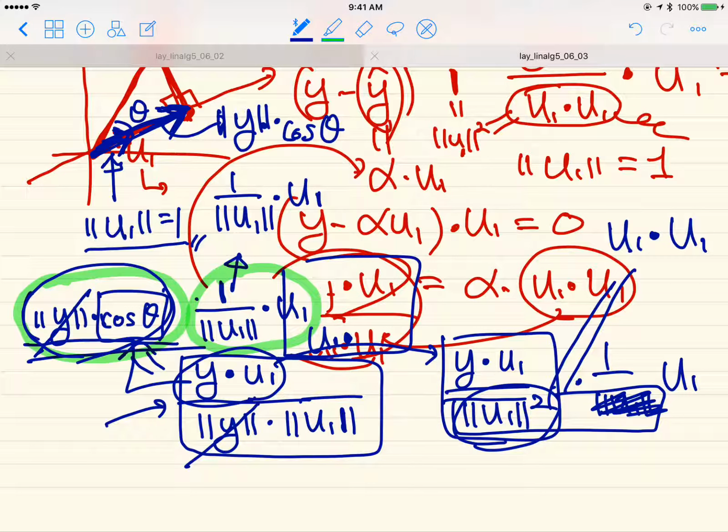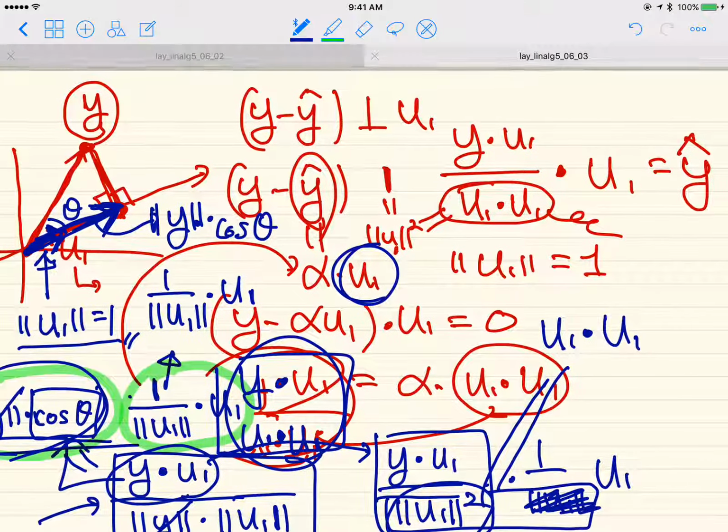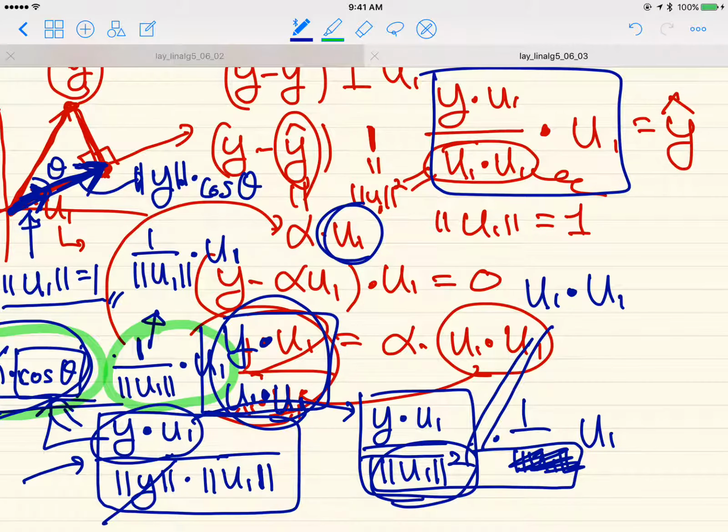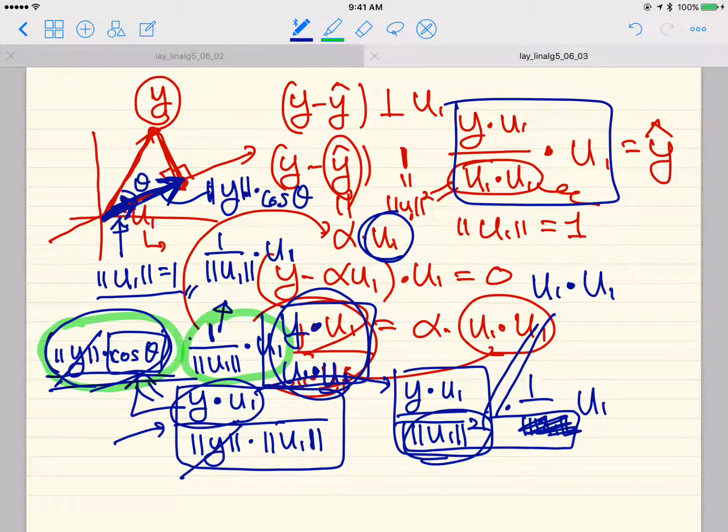That's how we can derive this formula: y inner product with u1 over u1 inner product with u1, times u1. Okay, we have the entire formula here. So this is another derivation of this orthogonal projection, a more intuitive proof.